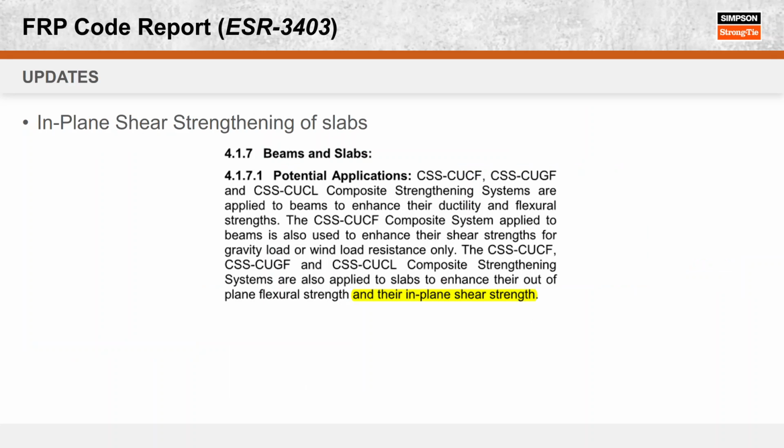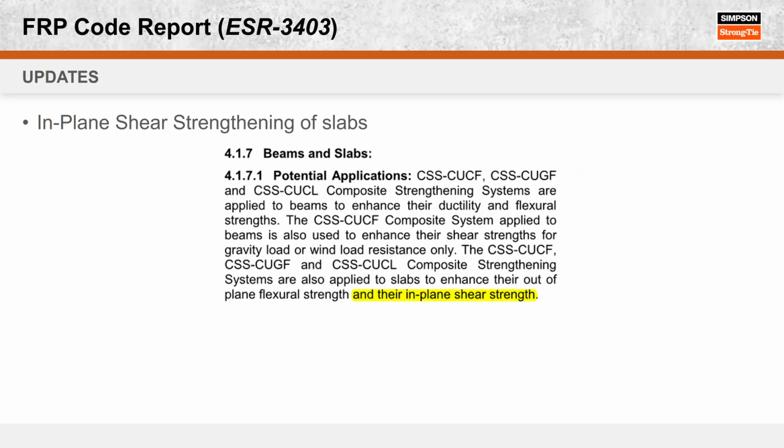My argument to ICC-ES was that Fife has that language in their code report, and you don't tell us how to do that testing in the AC. So how did they get it in their code report? If they can have it in theirs, I want it in mine. That argument helped it get in our code report, and we didn't have to do any testing. It's not necessarily the appropriate way to do it, but I said if I can't have it in mine, then you need to take it out of Fife's code report. Apparently they didn't want to do that.